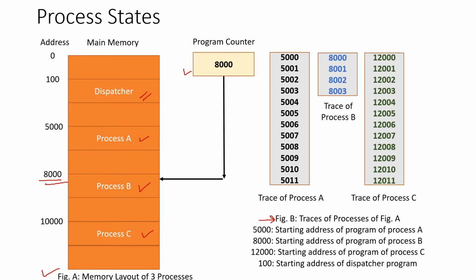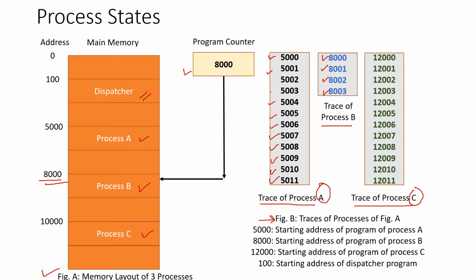So this is the trace of process A, this is the trace of process B, and this is the trace of process C. The first 12 instructions, see 1, 2, 3, 4, 5, 6, 7, 8, 9, 10, 11, 12, executed in process A and process C are shown in this figure. And process B has only 4 instructions, 1, 2, 3, 4.